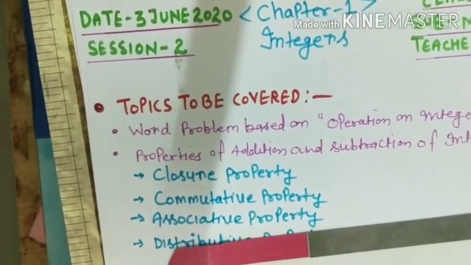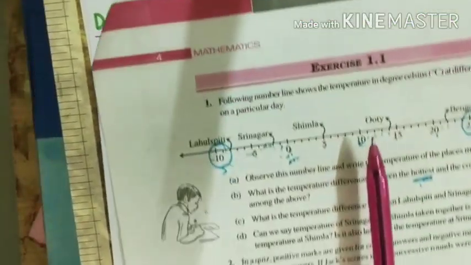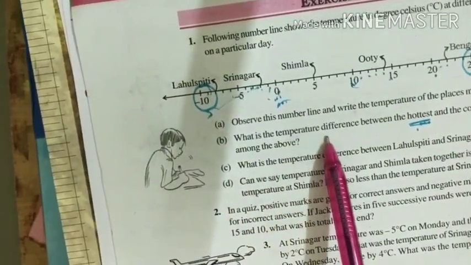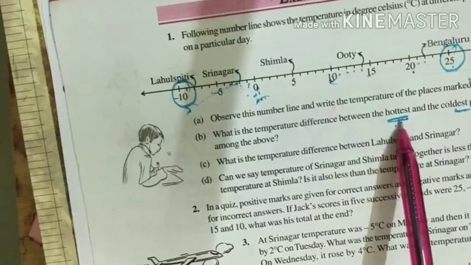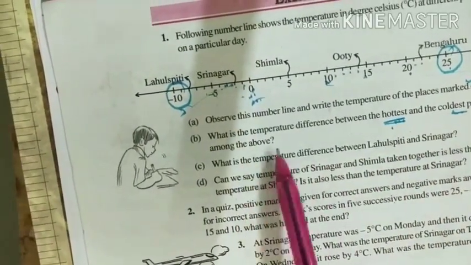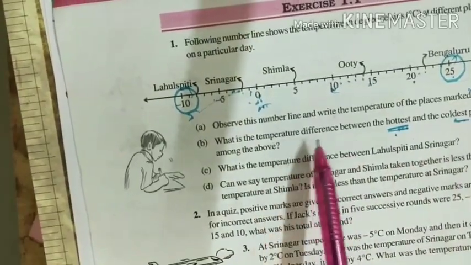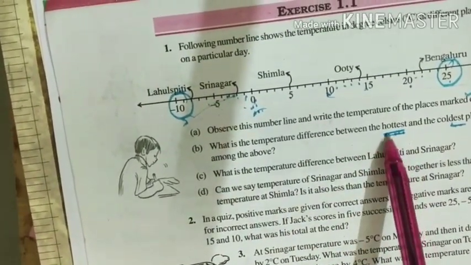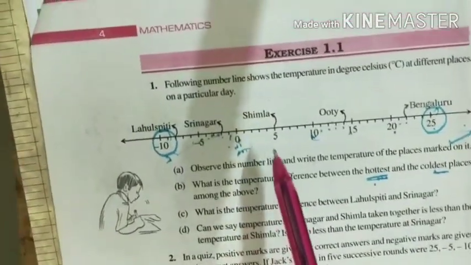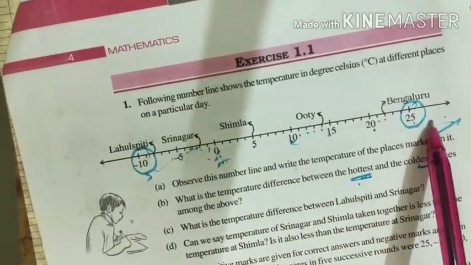See children, after writing the temperature of all 5 cities, the next question is: what is the temperature difference between the hottest and the coldest place among the above? Before solving this question, you should know which city is hottest and which one is coldest. First, hottest means maximum temperature.